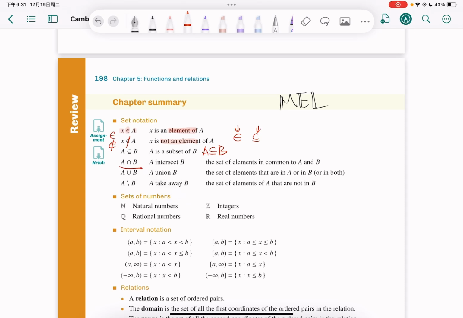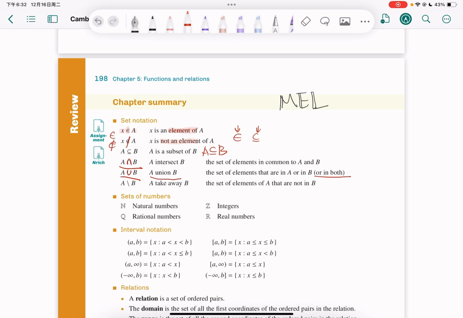So an intersection, the open is open towards downwards. Okay, and union means all the elements from A and all the elements from B. So elements from both, we use union, with the open facing upwards.